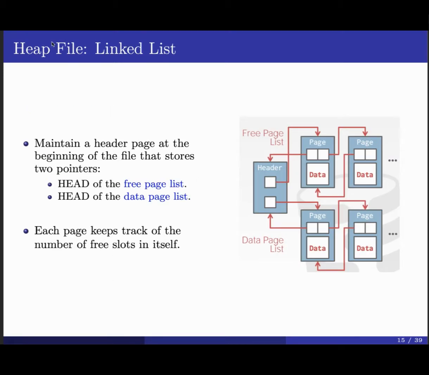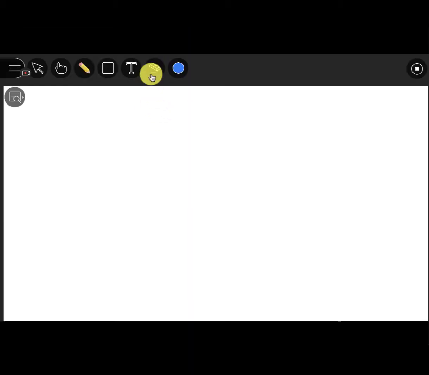So in the heap file, let me show you, starting from the beginning. The heap file is something like this, and I need to use the linked list. Remember, we are going to store our data somewhere randomly on the disk, but we need to build a data structure that lets me find my way and figure out whether a page exists or not, whether there's free space or not.